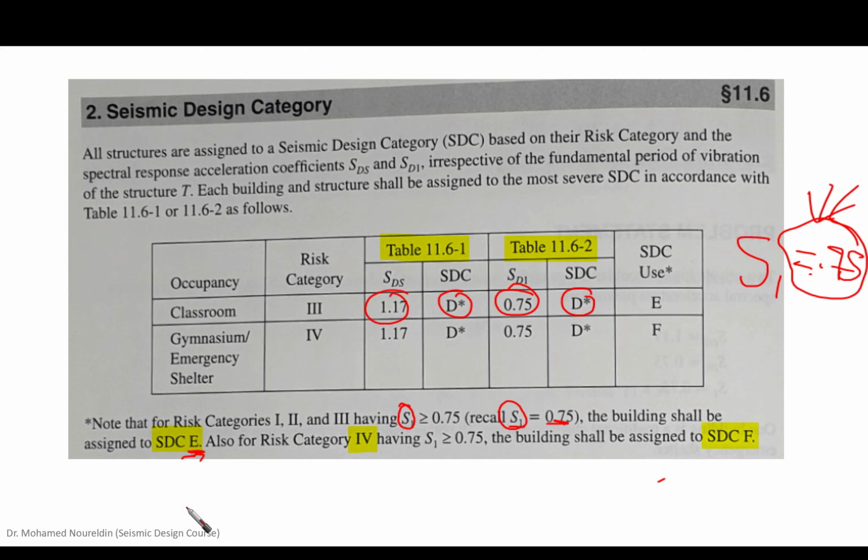That's right. Also for risk category 4, yes, this is for all these risk categories. If S sub 1 is larger than 0.75, then our SDC should be E. If we have risk category 4, like our gymnasium, then having S1 larger than 0.75, the building shall be designed to SDC F. So it is F. So the classroom would be E, not D, and the gymnasium would be F, not D also.